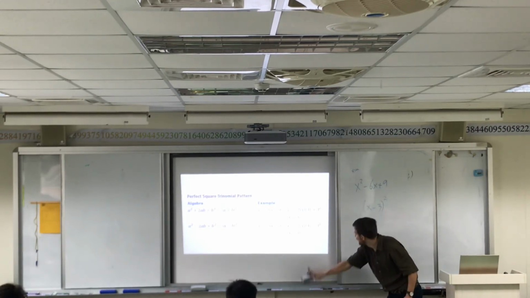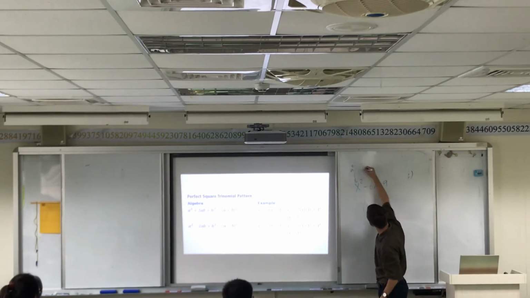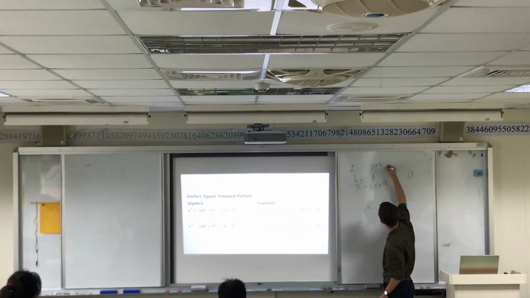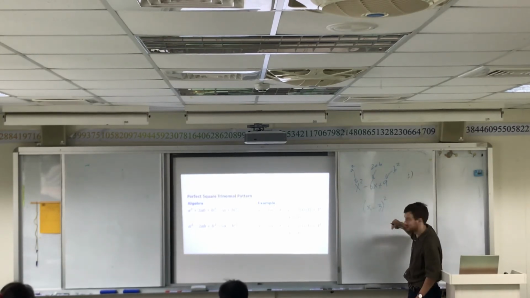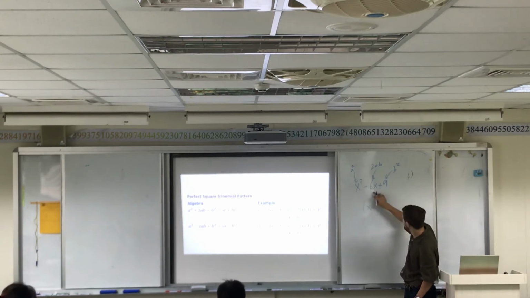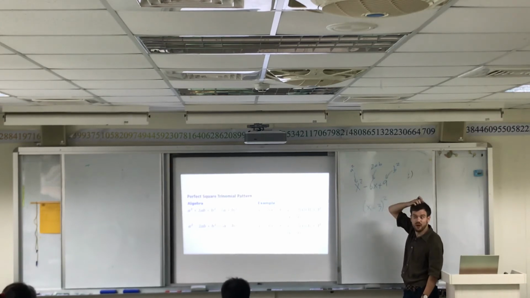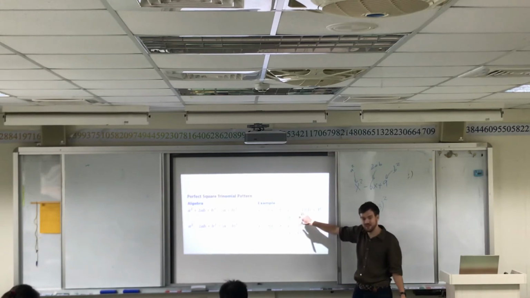So this is your a squared. This is your 2 times a times b. And this is your b squared. B is 3 in this case. 3 times 3, 9. 2 times x times b, which b is 3, so 2 times 3 is 6 times x. 6x. Does this make sense?